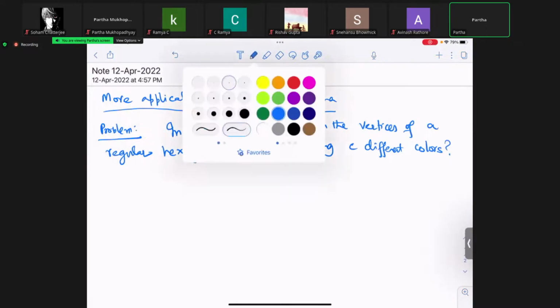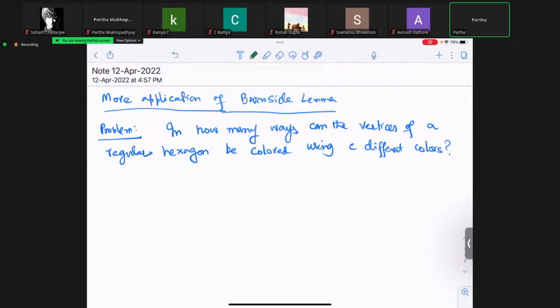So let's go ahead with it. So this is a hexagon, a regular hexagon, with vertices 1, 2, 3, 4, 5, 6.